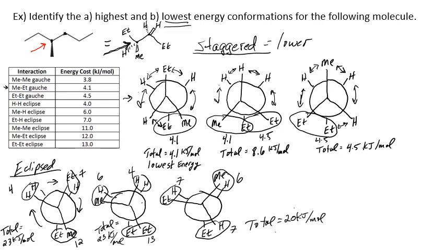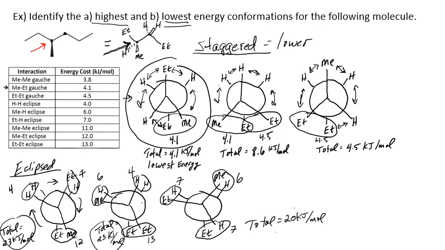So, to answer our question, we already determined our lowest energy conformation. That was the first Newman that we drew. It's a staggered. And our highest energy conformation, which has to be one of the eclipsed, well, it looks like both of these were 23.